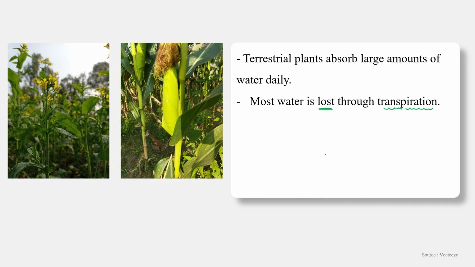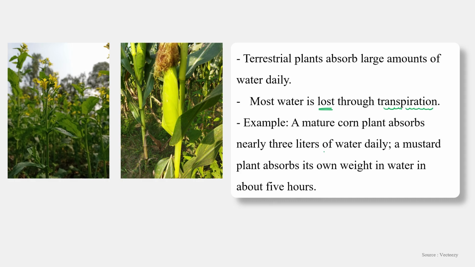Still they need lots of water daily. For example, a mature corn plant absorbs nearly 3 liters of water daily, while a mustard plant absorbs its own height in water in about 5 hours. So that much amount of water is required by the terrestrial plant.